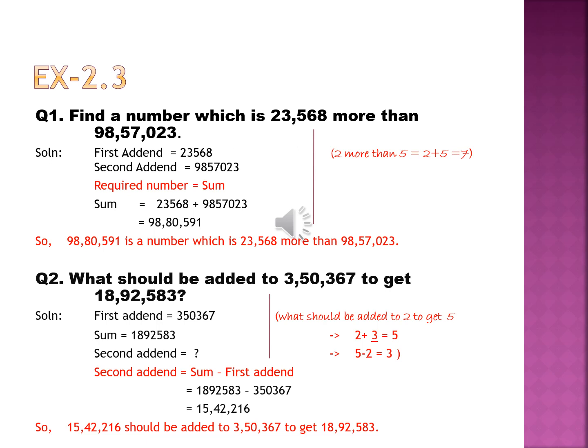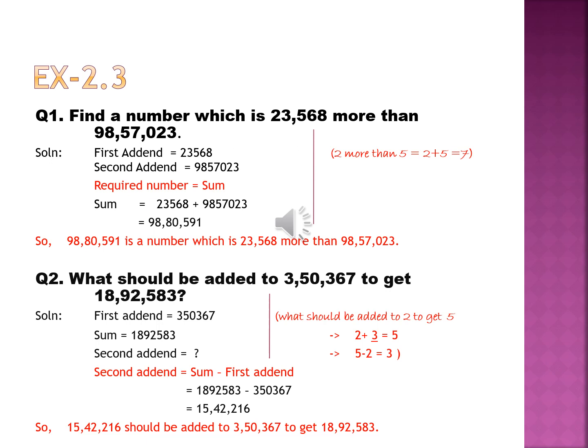So the final statement will be 98,80,591 is a number which is 23,568 more than 98,57,023.